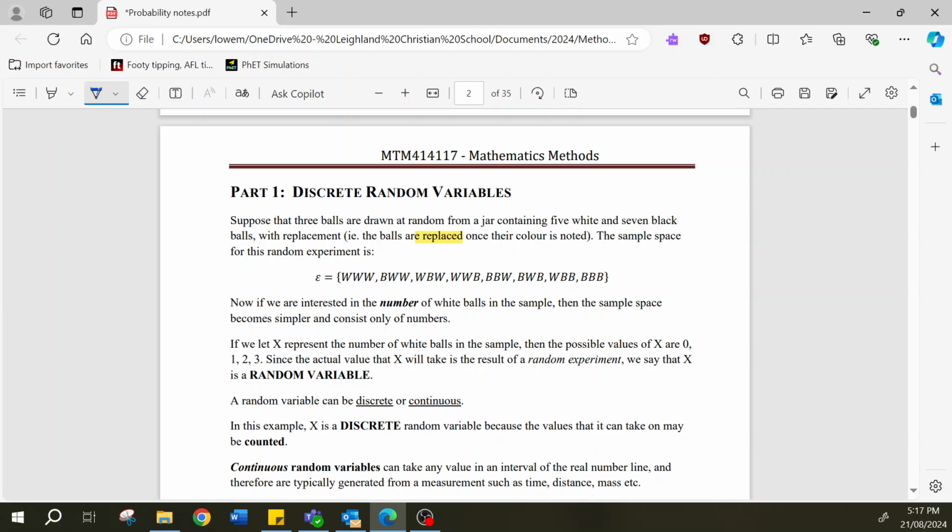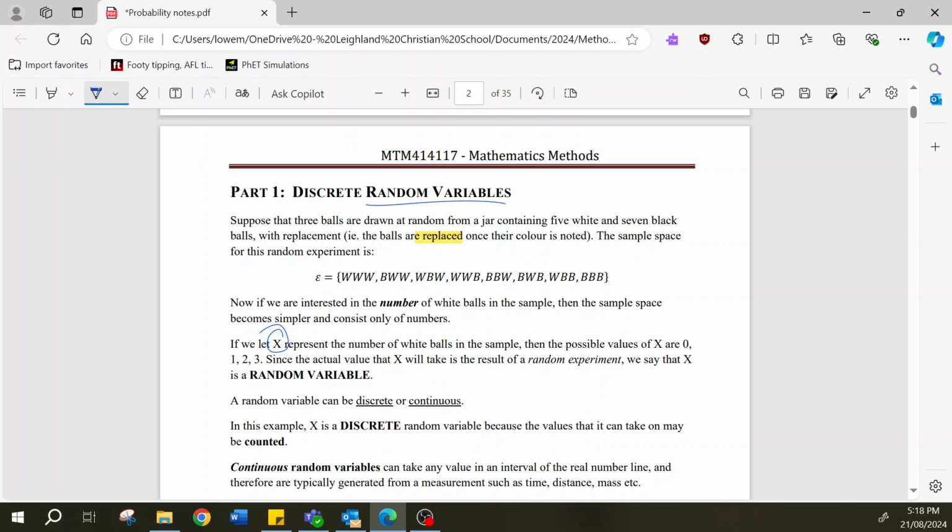So if we let x represent the number of white balls in the sample, then the possible values of x would be 0, meaning 0 white balls, or 1 white ball, 2 or 3 white balls. And since the actual value that x will take is the result of a random experiment, we say that x is a random variable. That's what we mean by this idea of random variables.